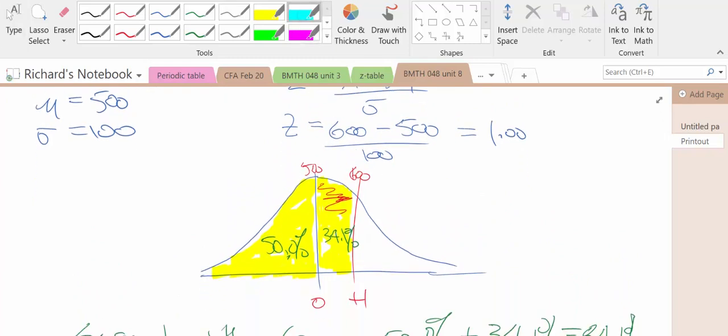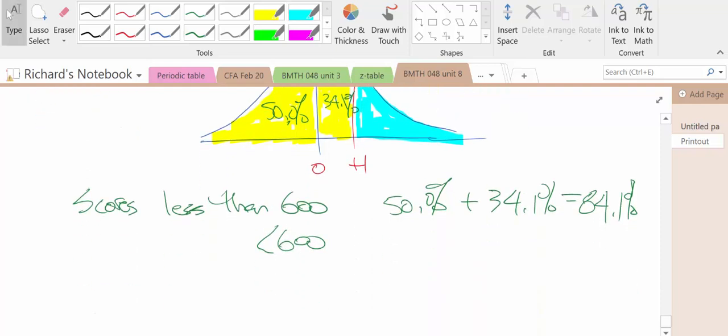So that's this part of the curve in here. These are all the ones above 600. Well, what I'm going to do is scores greater than 600.